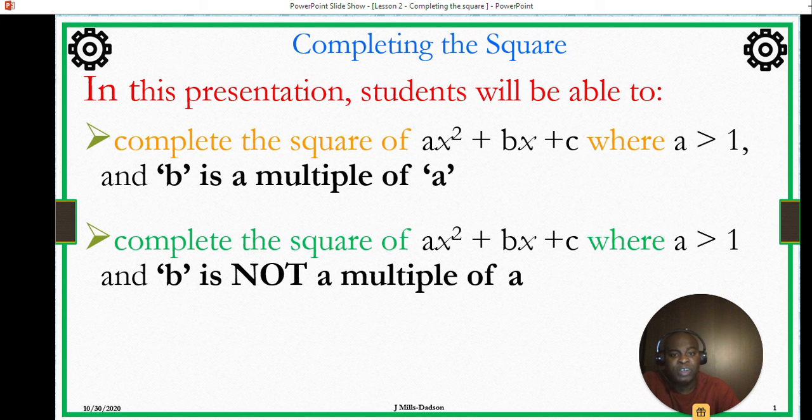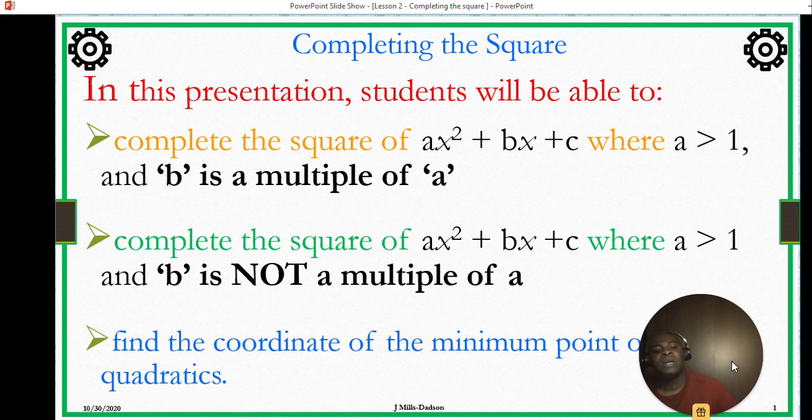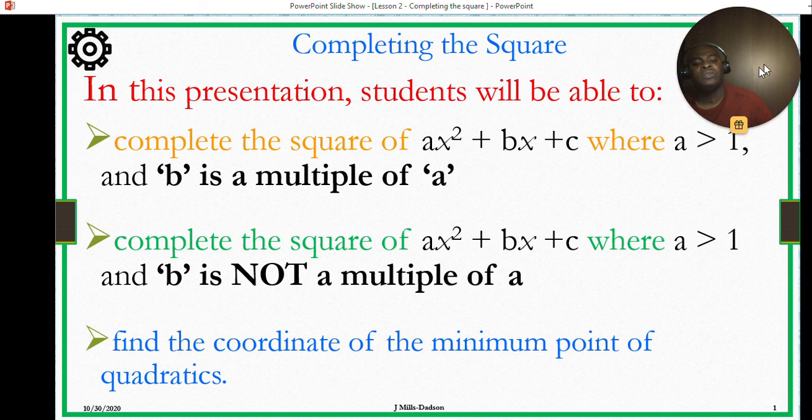This distinction is very important because they involve two different approaches, or a certain concept needs to be factored in, and I will stress that point so that you will know the difference between b being a multiple of a and b not being a multiple of a. Then lastly, we'll talk about how to use completing the square to find the minimum point of quadratic functions.